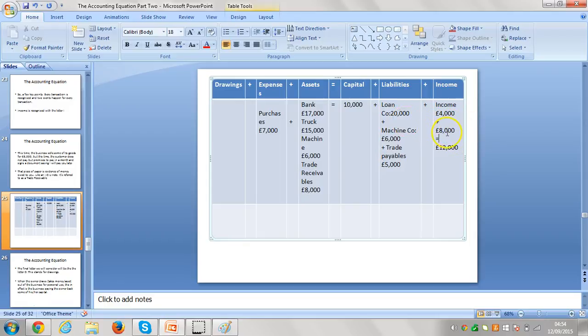So we've made income of 8, but we've also acquired an asset, a trade receivable, someone owing us a piece of paper. And we discussed in class, we can sell that piece of paper. In fact, we can sell it for money. The whole aim is that when he pays us, this will fall in value, and that 8 will come into the bank.